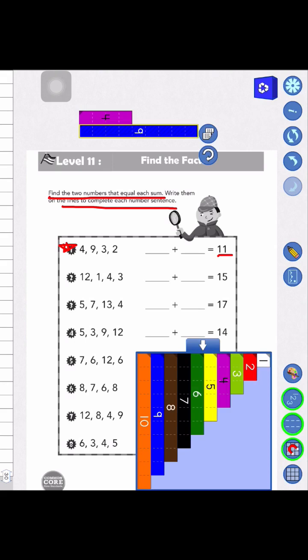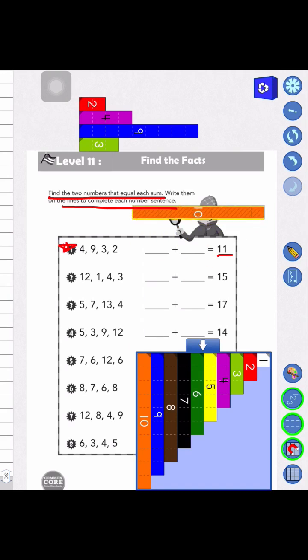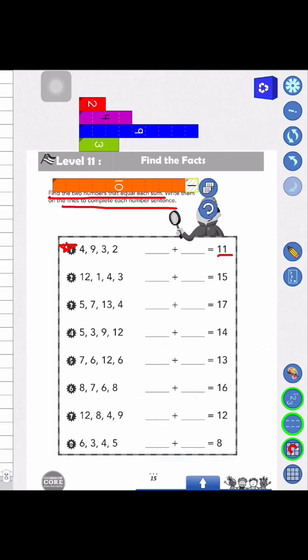We have number 4, number 9, number 3, and also number 2. So we need to find which 2 numbers add together to equal 11. So this is 11. Okay kids, do you have any idea which 2 numbers we should choose?